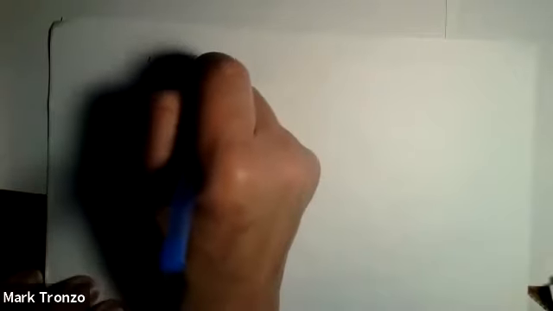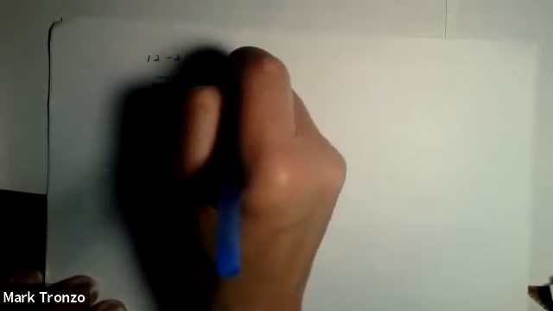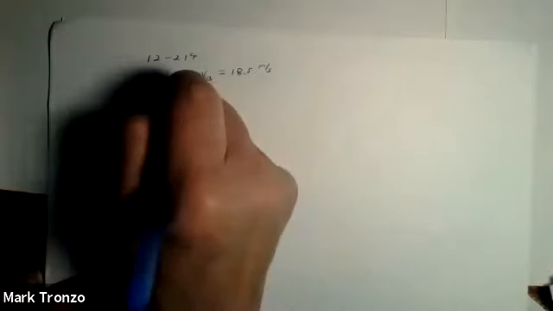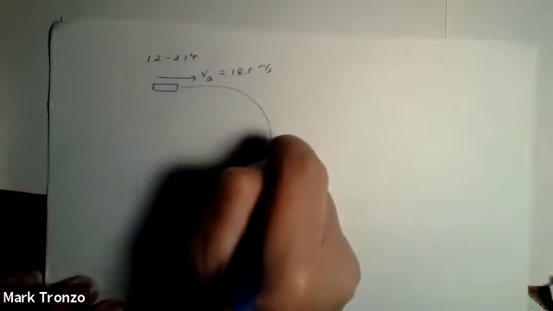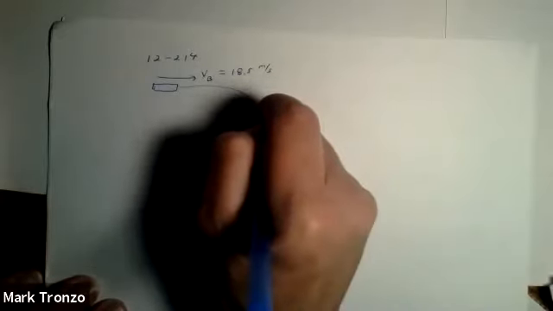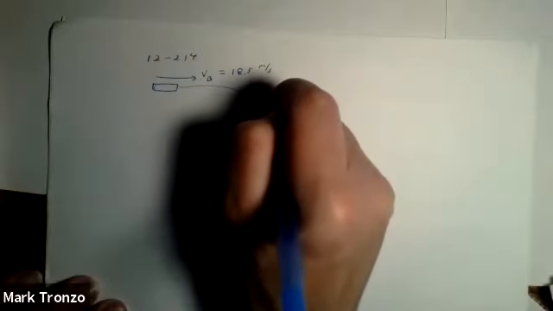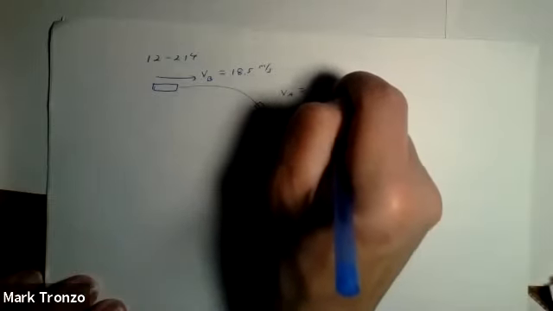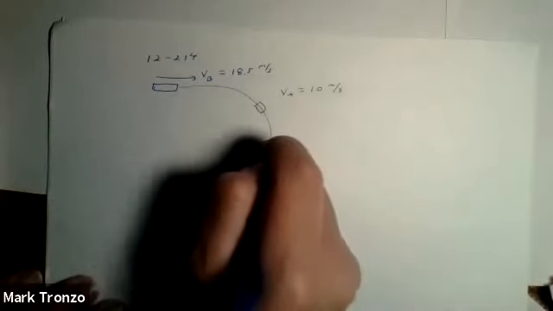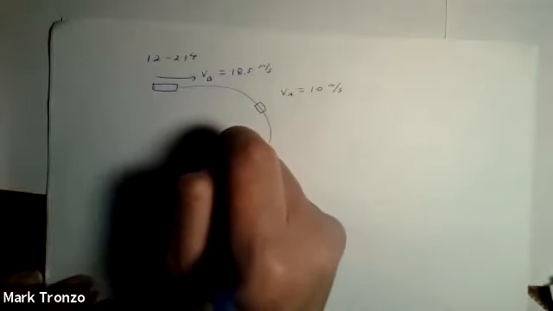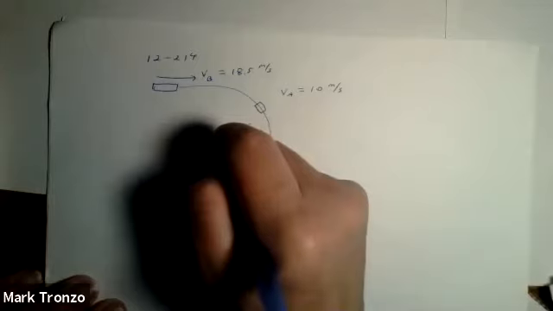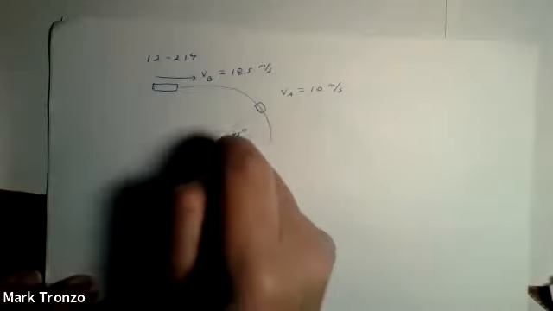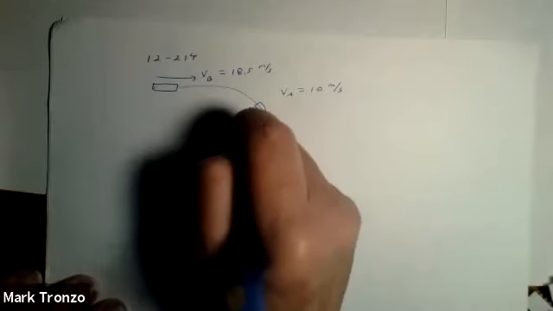This is car B at 18.5 meters per second. And up around here is car A at 10 meters per second. And car A is going around a curve of a radius of 100 meters.